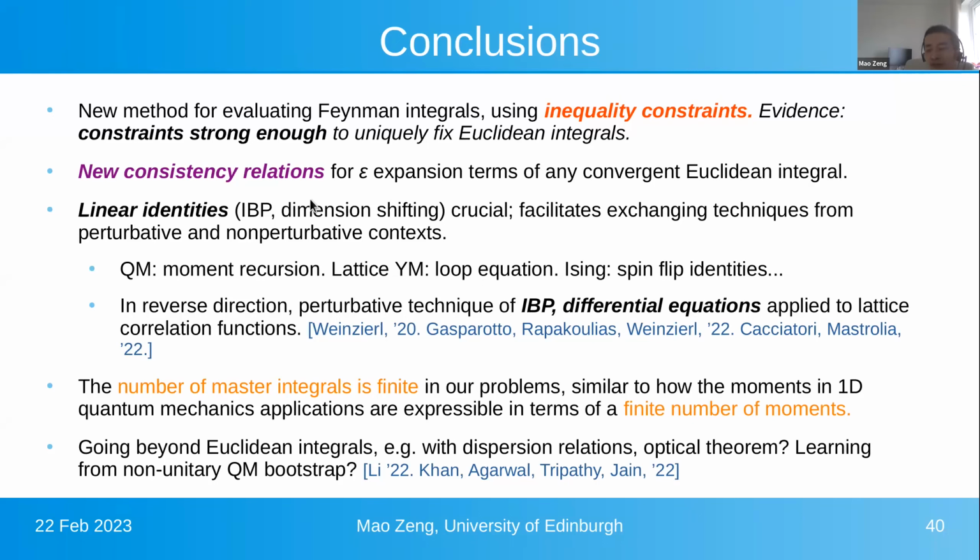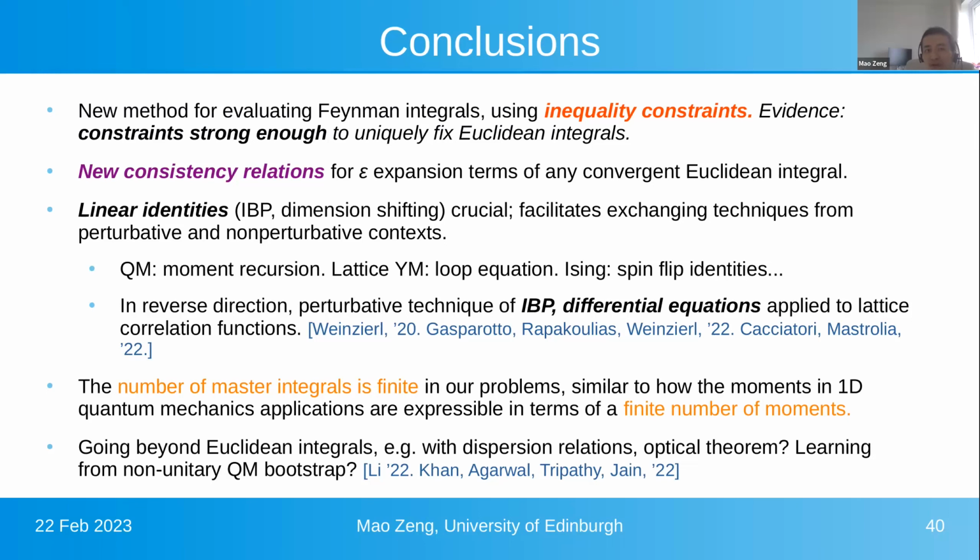I think people have looked at more complicated examples in quantum mechanics beyond one dimension, or things like matrix models in the large N limit, where the needed moment to start with is actually infinite.